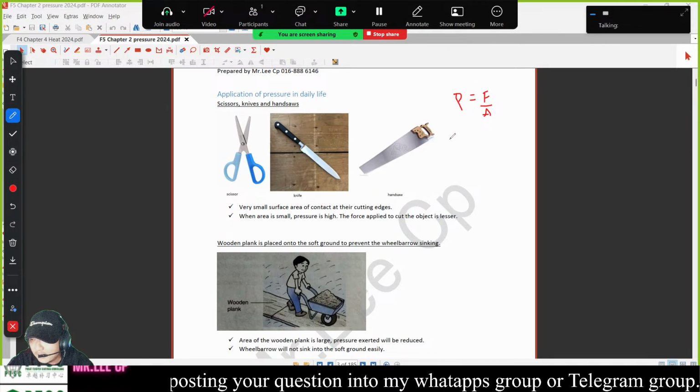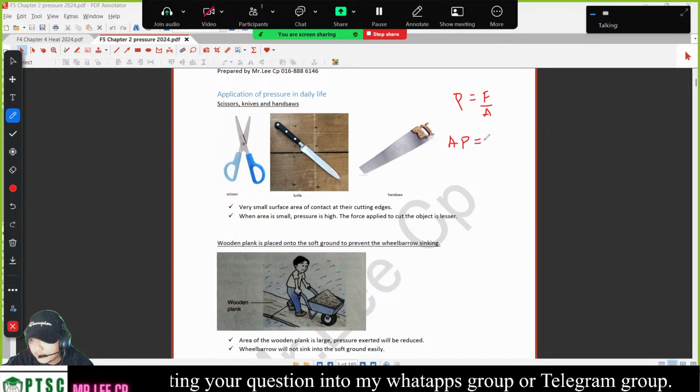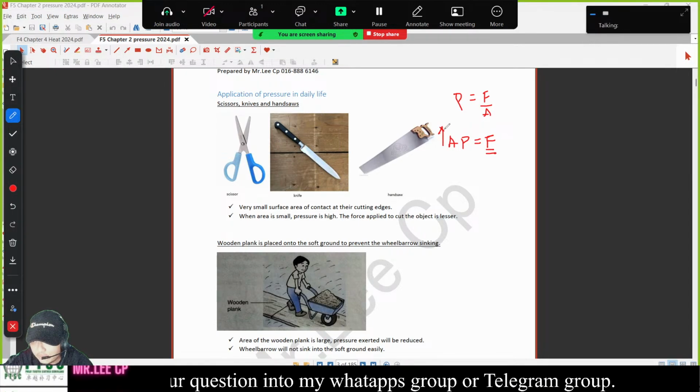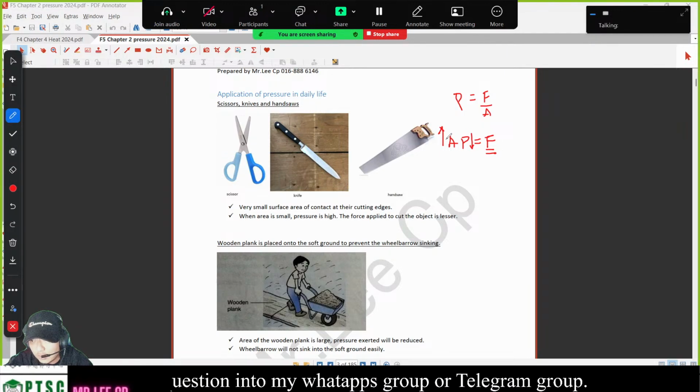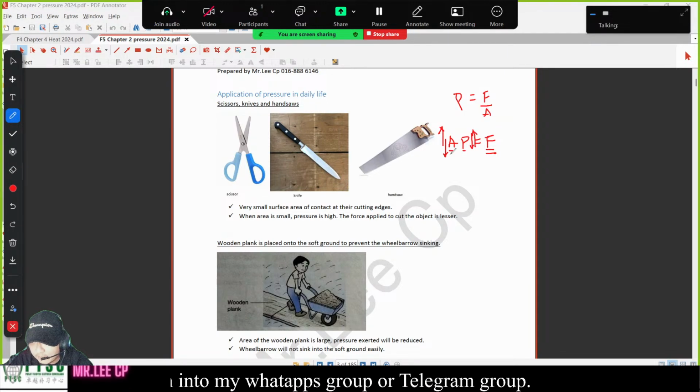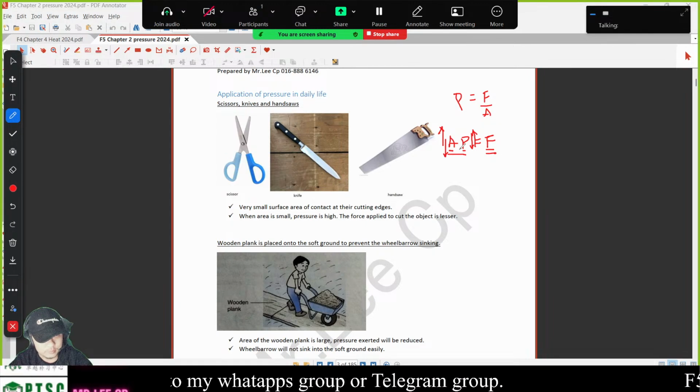Pressure is force over area, so area times pressure is equal to force. Using the same force, when the area is big, pressure is small; when area is small, pressure is high. So area and pressure are inversely proportional. You need to know this.